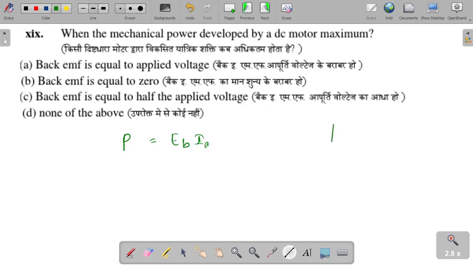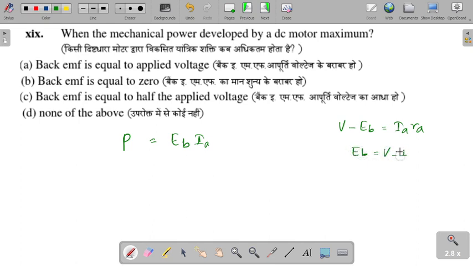So in case of DC motor, what should be the equation? That is V minus EB equal to IA RA. So what should be EB?